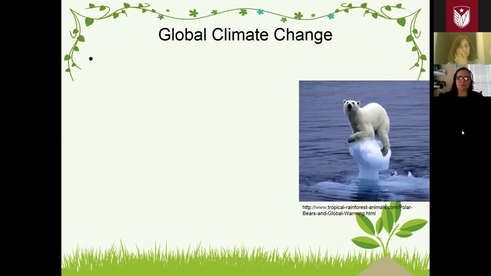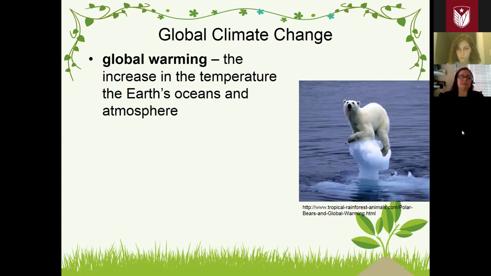Climate change, of course, and I like to take this opportunity to make sure everyone knows the difference between global warming and global climate change. Global warming is specifically the increase of Earth's temperature in both the oceans and the atmosphere.